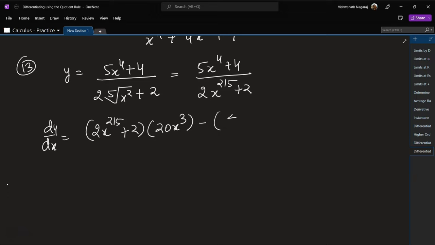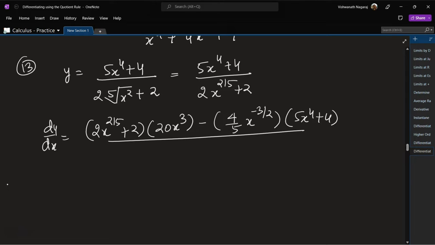So this will give us 4 by 5 x to the power of 2 by 5 minus 1, so 2 minus 5, so minus 3 by 5, times 5x^4 plus 4, divided by 2x to the power of 2 by 5 plus 2 whole square.